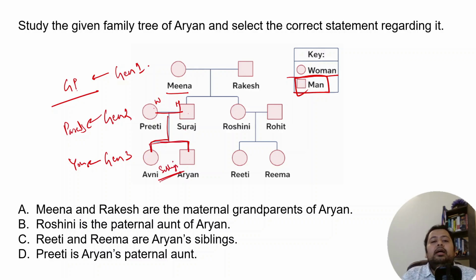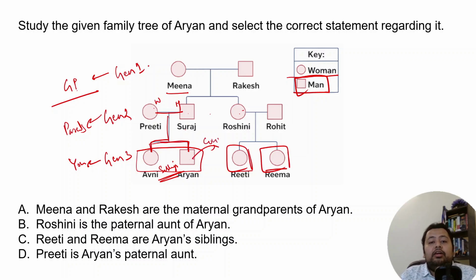They are siblings, correct? But because here Suraj and Roshni are brothers and sisters, Roshni's children Riti and Rima are what? They are Aryan's cousins. They cannot be siblings, they are cousins, right? Now, what is the relationship between Aryan and Roshni?